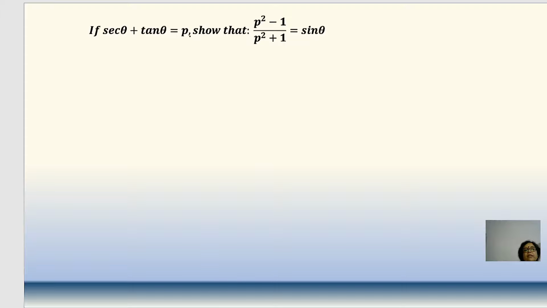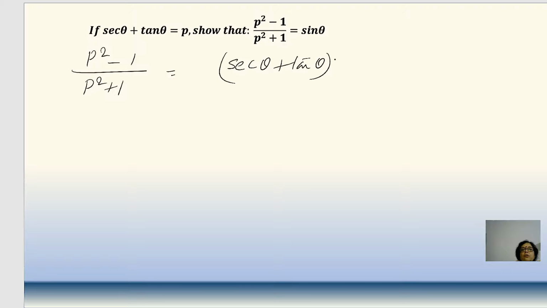Next question is, sec theta plus tan theta is p. Show that p squared minus 1 by p squared plus 1 is equal to sine theta. So this question can also be done in different ways. I'll proceed by taking p squared minus 1 by p squared plus 1, the left hand side of this term, and replace this p square with sec theta plus tan theta, the whole square.